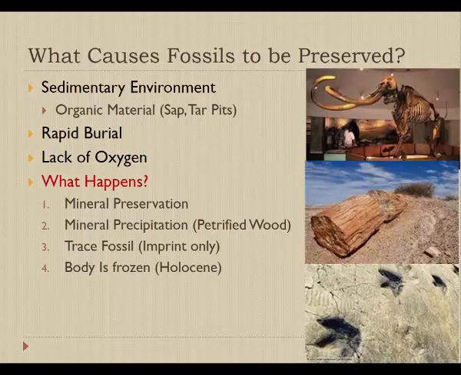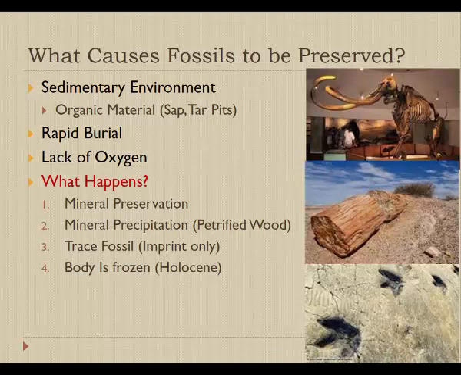Oxygen is usually required by microorganisms to decompose organic material. That's what happens when things die at the surface or near the surface. Microorganisms break them down, but if they're rapidly buried and sealed off from oxygen and from those organisms, they're going to persist on the landscape.